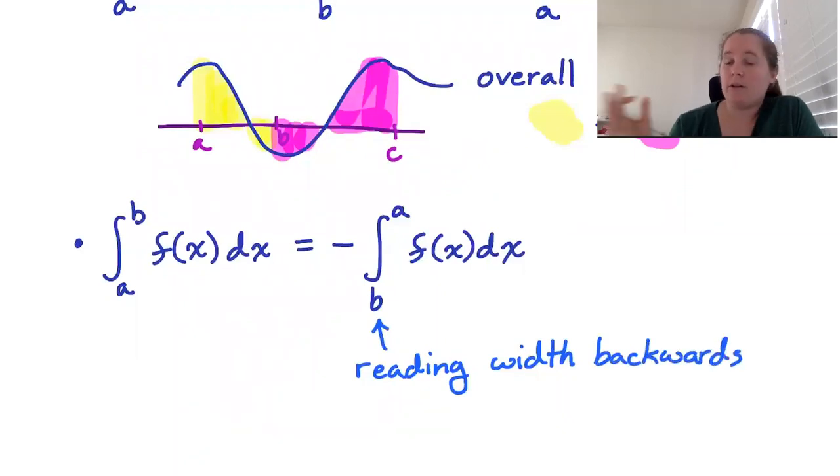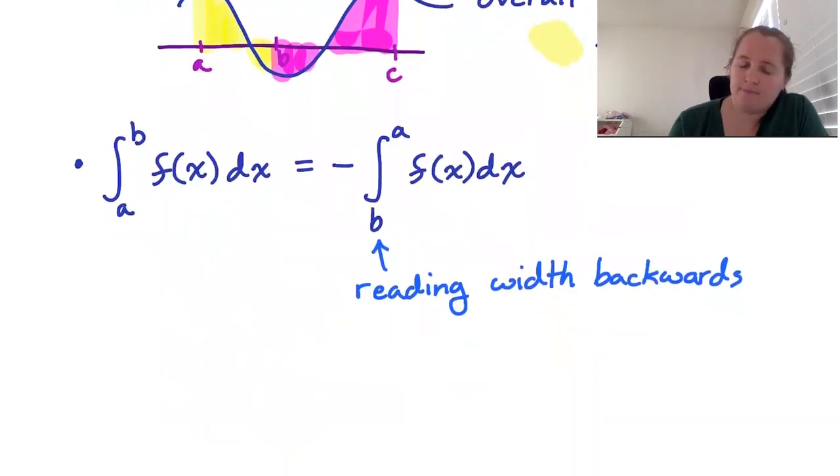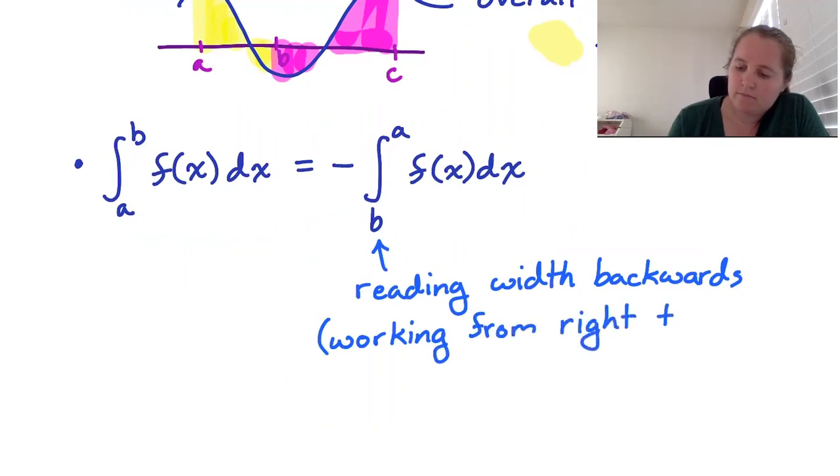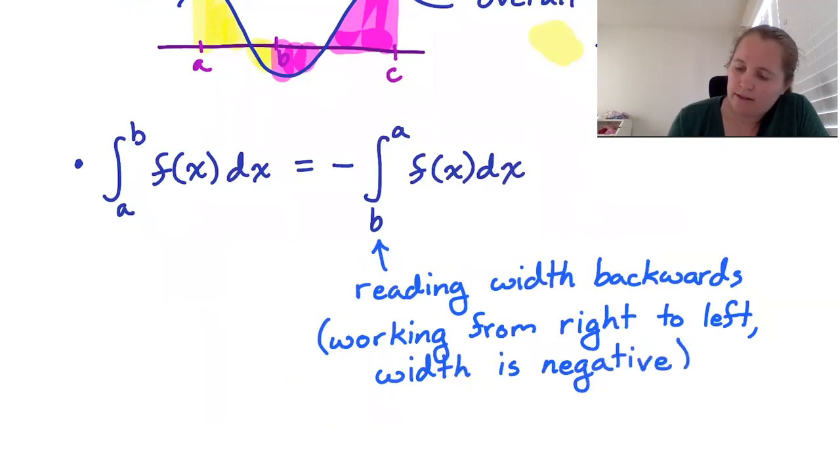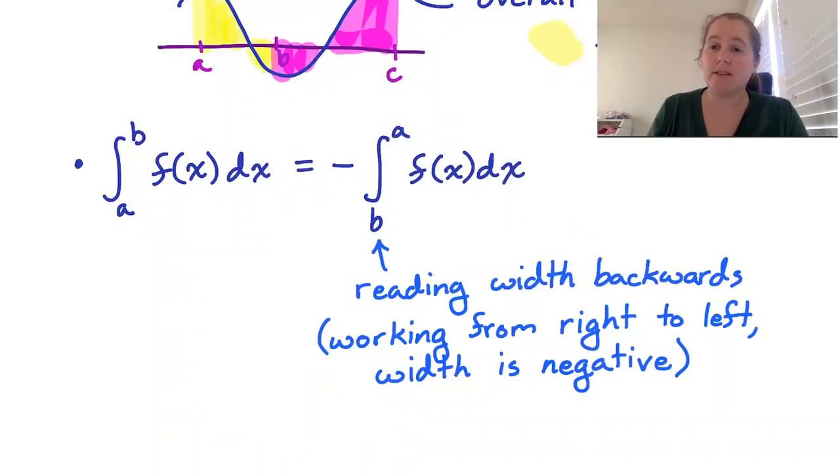As we work our way from right to left, we're going to have negative width instead of positive width. So again, working right to left, width is negative. And so when we find area, we're going to be multiplying by a negative width instead of a positive width.